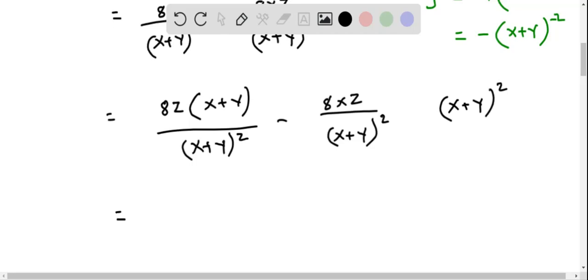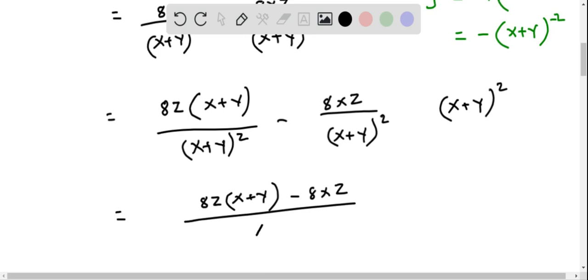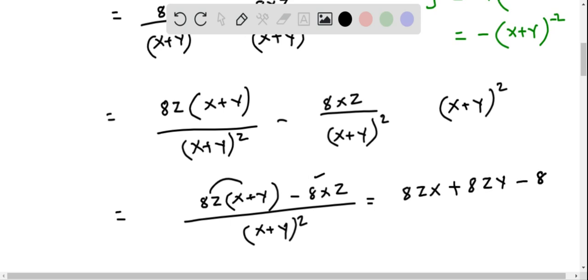So we can simplify, that is 8z times (x plus y) minus 8xz over (x plus y) quantity squared. Now we can distribute this 8z into the expression, that is this becomes 8zx plus 8zy, and then we have this term minus 8xz over (x plus y) quantity squared.